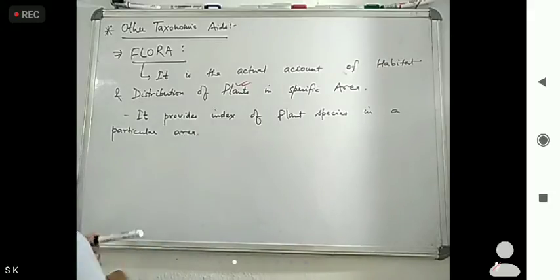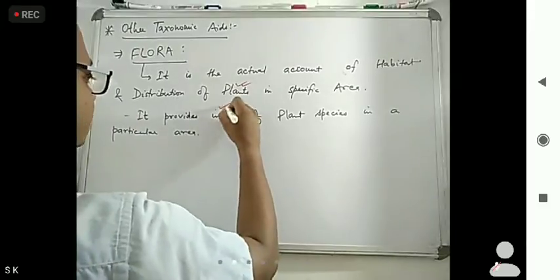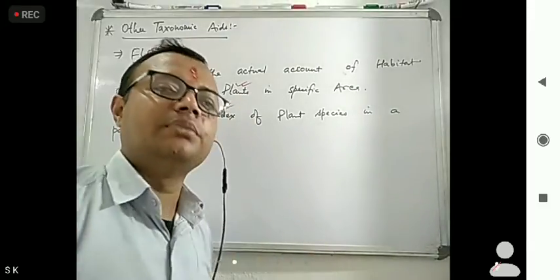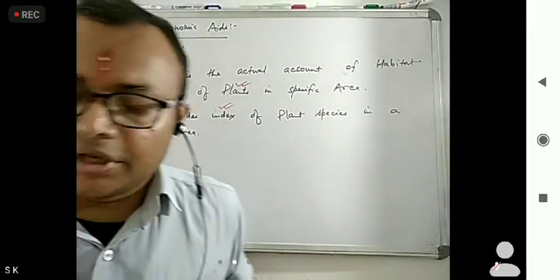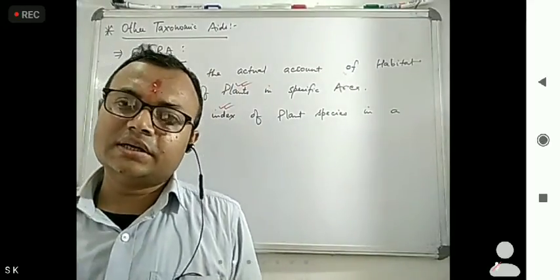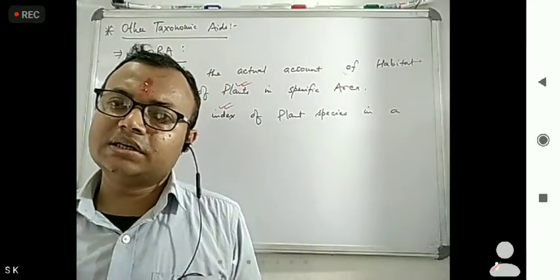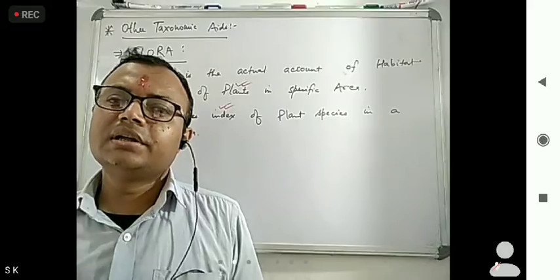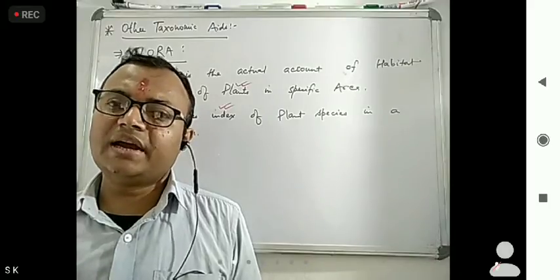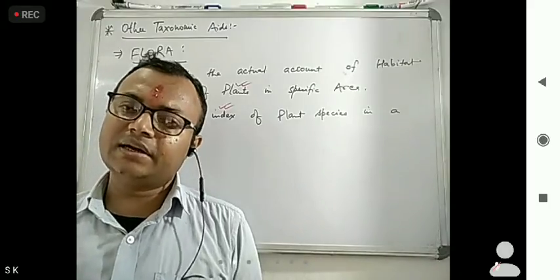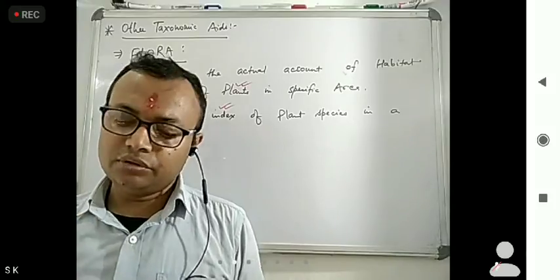Index means information summary. Okay, now the important floras that are already discovered in taxonomic aid, we have to say that, and their names you have to remember.